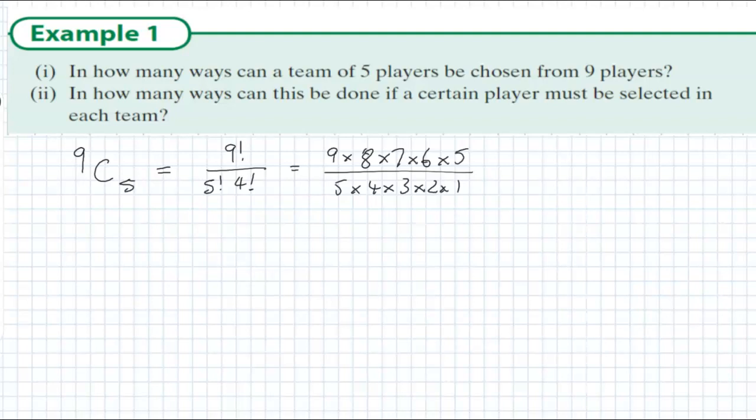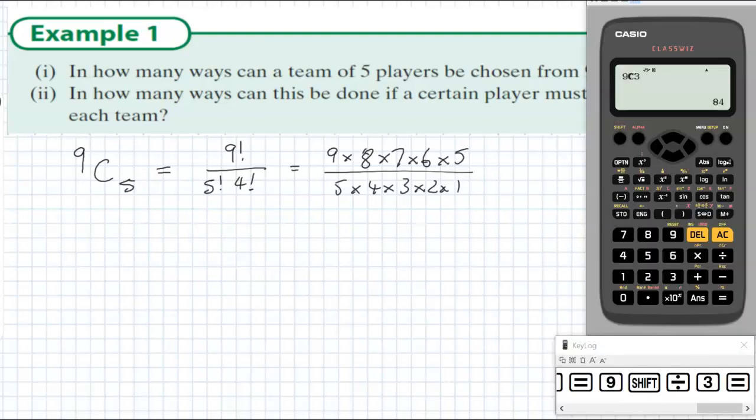You could sit and do that calculation, or you could just use your calculator and say 9 shift divide 5 is equal to 126.